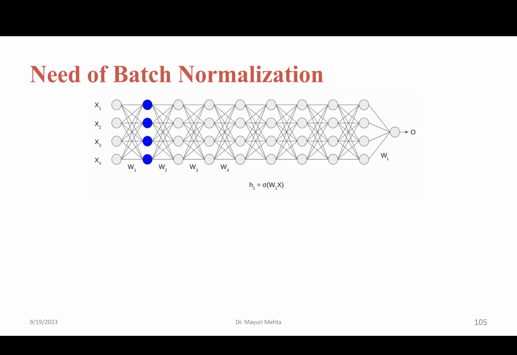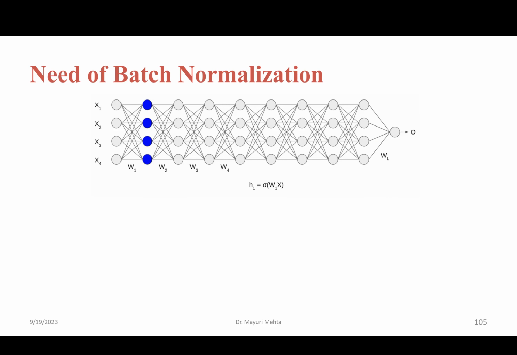So how does it transform? When input is given to the input layer, that input is multiplied by weight values, and this dot product of input and weight value is given to an activation function, let's say the sigmoid function. When this dot product is passed to the sigmoid function, it gets transformed.